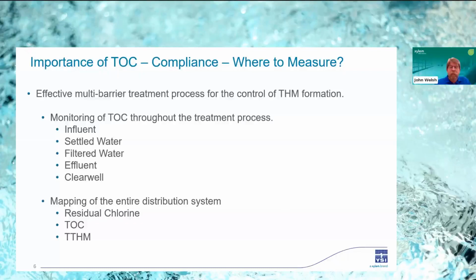However, to adequately map the entire process from the plant to the distribution system, all of these points should be sampled and monitored for TOC. In addition, the mapping of the distribution system should also include residual chlorine and total trihalomethanes.